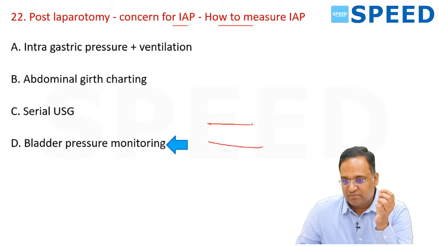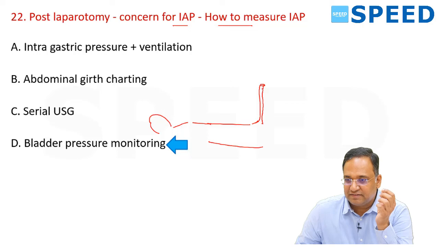Now, you will take the fold up. The patient lying, head end is here. Chest. Okay, diagrammatic representation. Now, what you do is you insert an IV set inside.